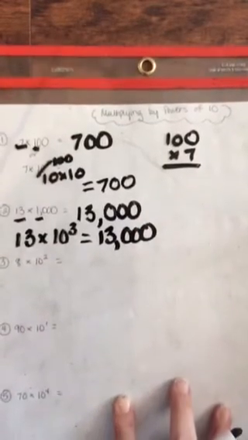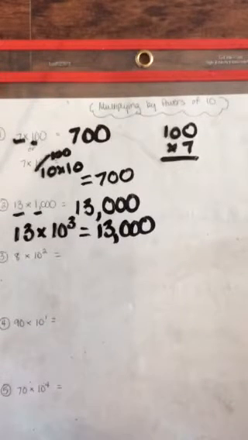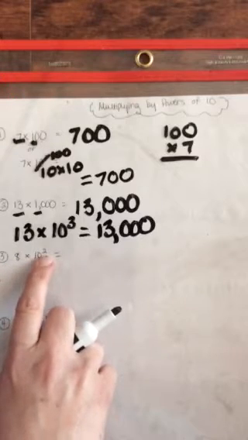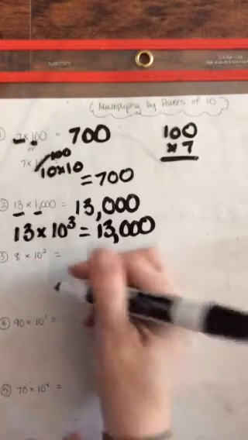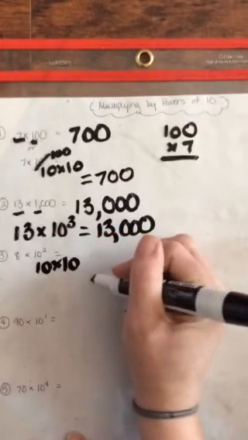For the next few problems, I didn't write them as whole numbers or as tens, hundreds, thousands. I went ahead and just wrote them as powers of 10. So some of you might even already start saying, oh, I need to take 8 and add 2 zeros. The reason that that's true is because 10 to the second power is 10 times 10.